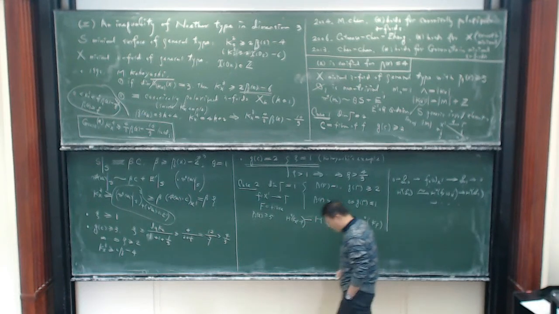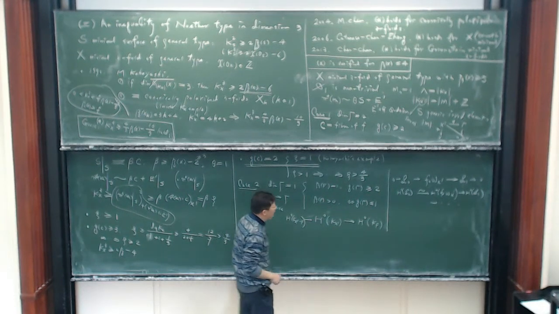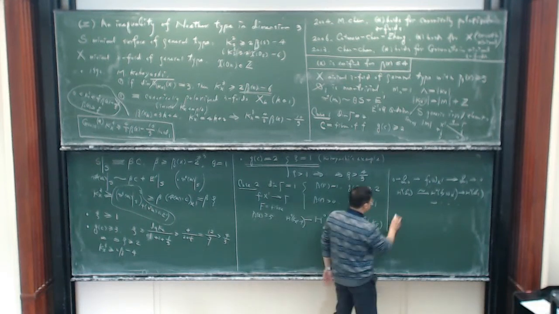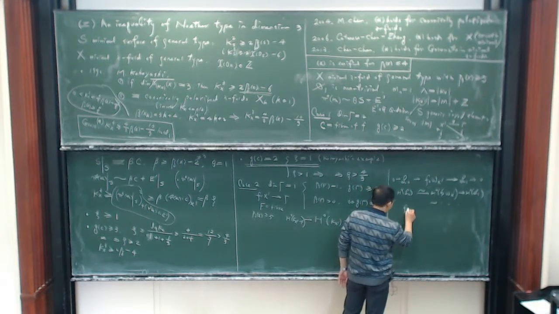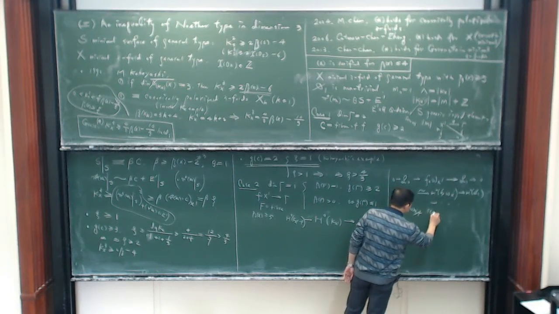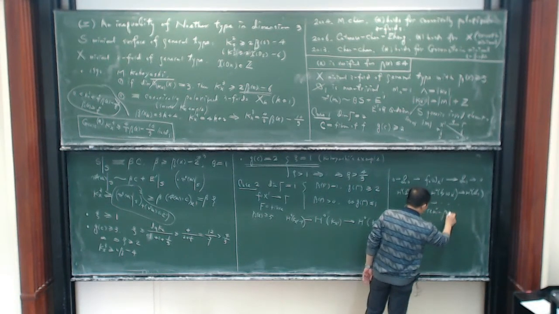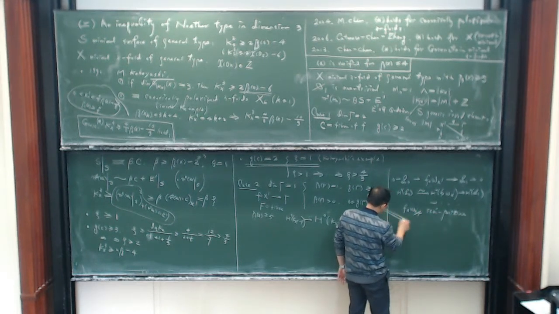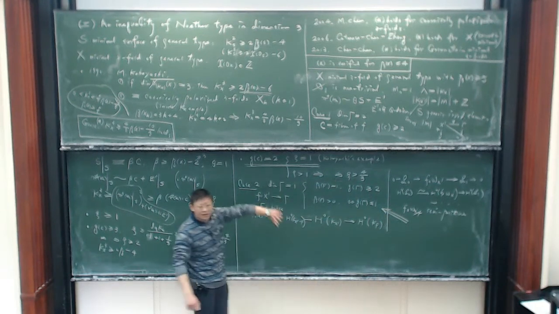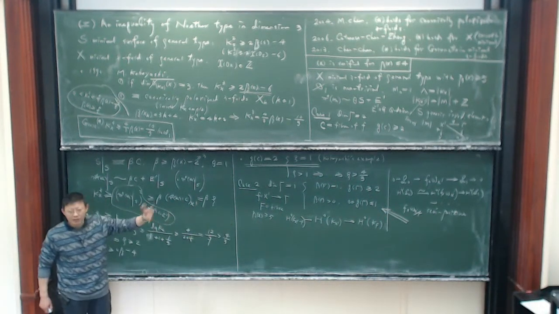Yeah, and then using the semi-positivity, that f lower star omega X prime over gamma is semi-positive, then you can deduce this. But this is in my paper, so it's not hard to see.